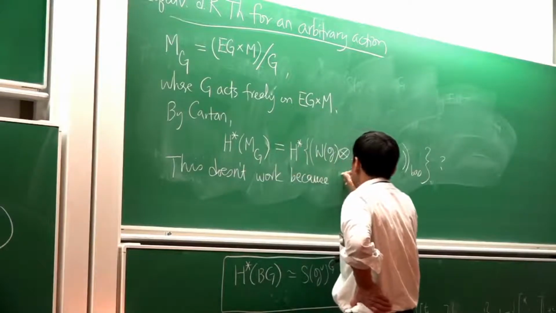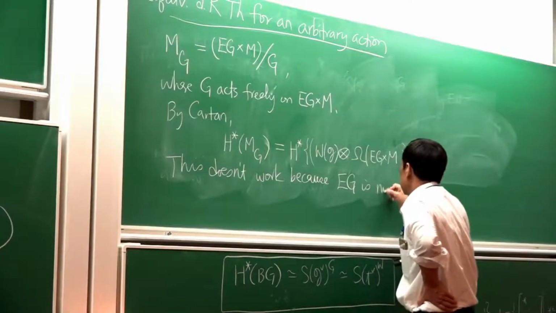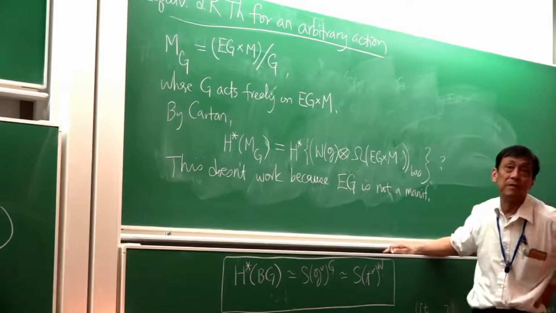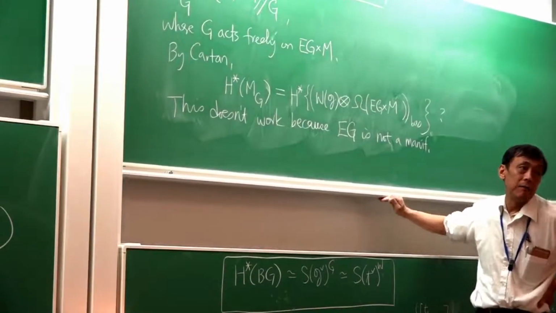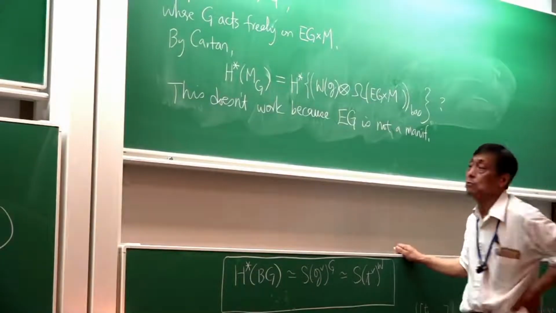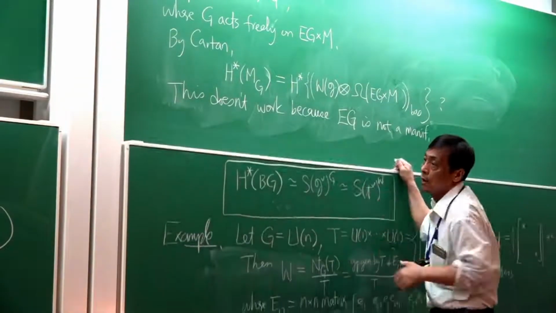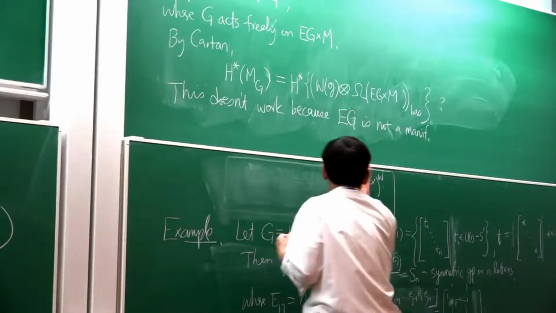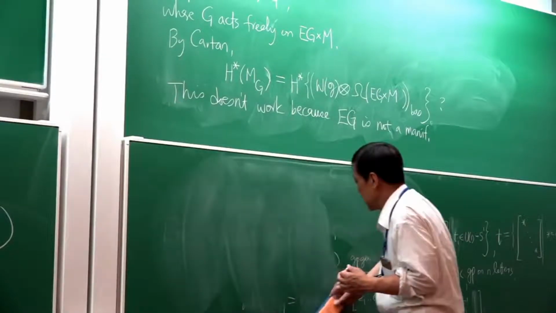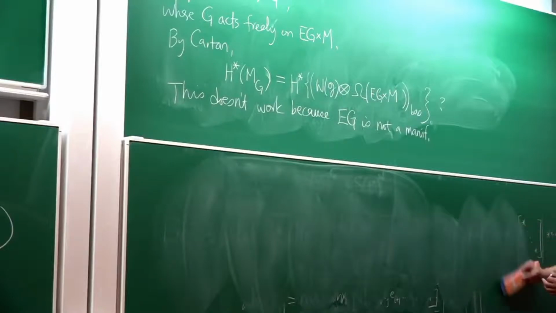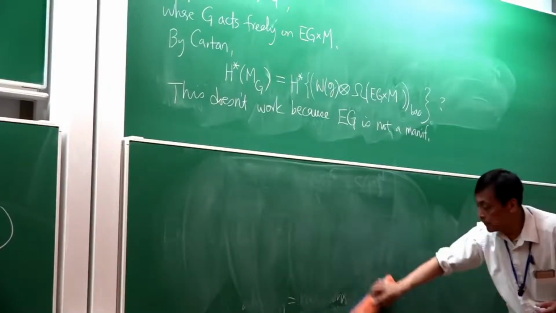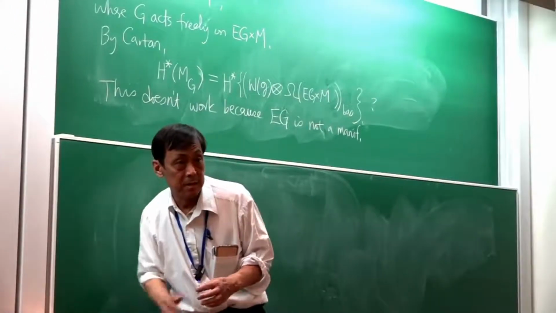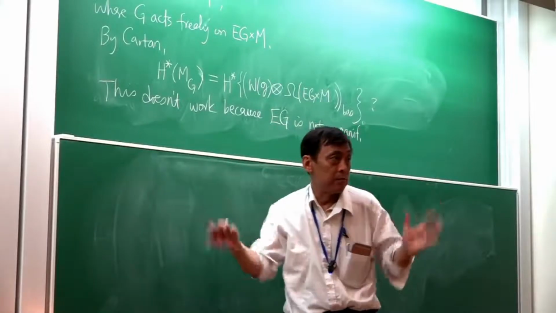Because EG is not a manifold. It's infinite dimensional. However, for a compact Lie group, we know that EG is the infinite Stiefel variety of k-frames in an infinite dimensional vector space.